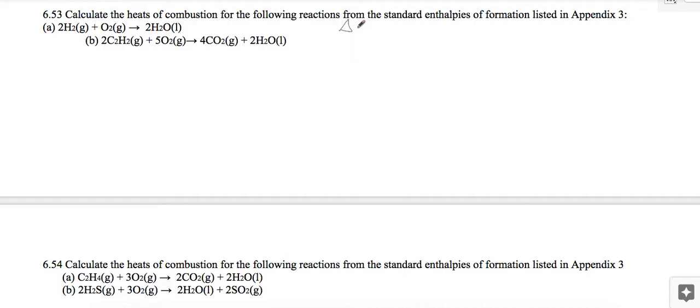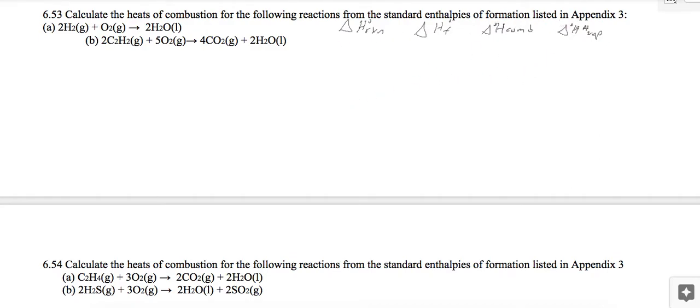We have heat of reaction, heat of formation, combustion, heat of vaporization, that's evaporating. We have all of these different kinds of enthalpy values.